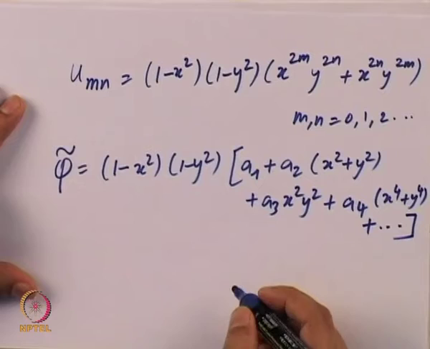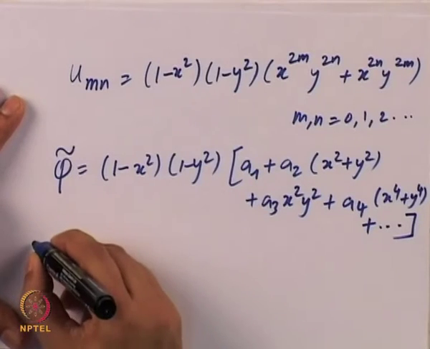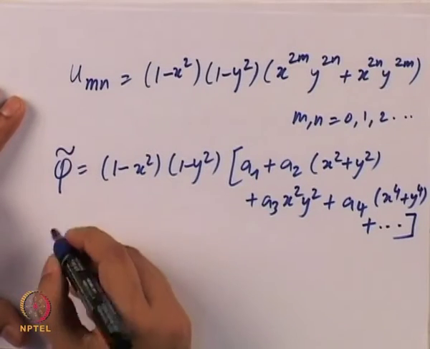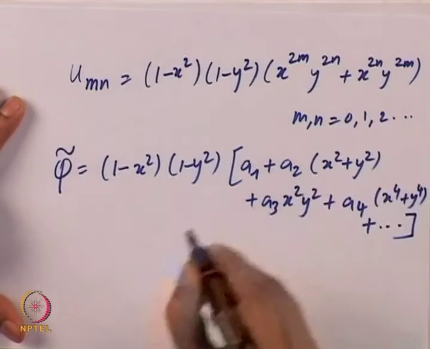So let us take a very simple case where m is equal to n is equal to 0, the first case.